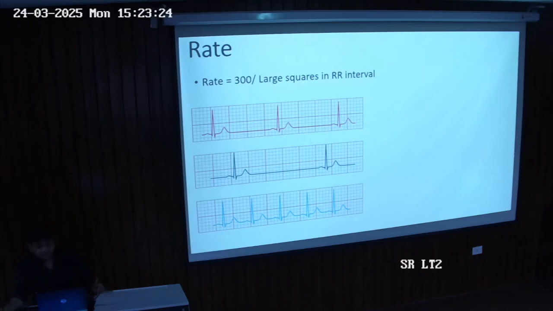So there is one RR interval. The tall waves are the R waves, and between the two there are 1, 2, 3, 4, approximately 4. And then 300 divided by that.